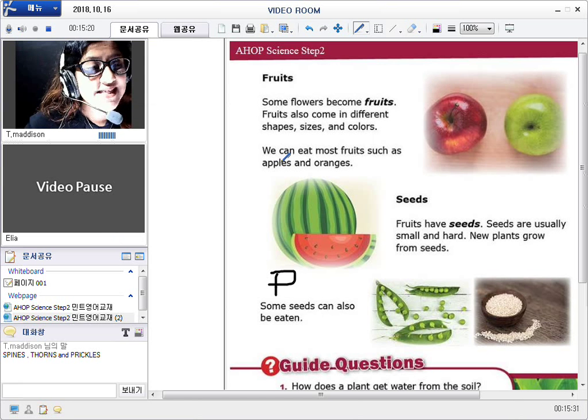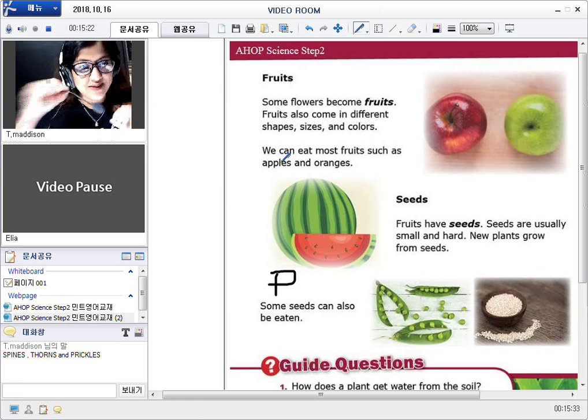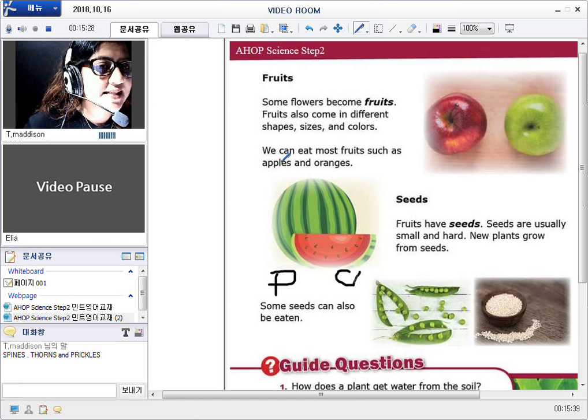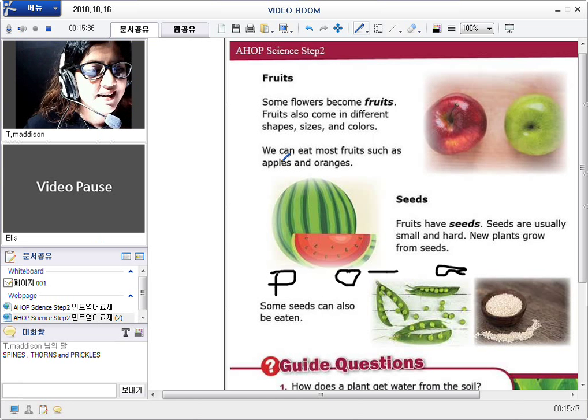Yes, it's not pollen, but pollen. It's a bit similar, a bit close to the ah sound. Okay. So is it okay now?